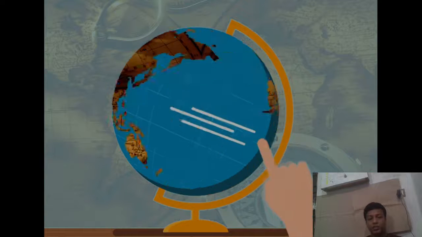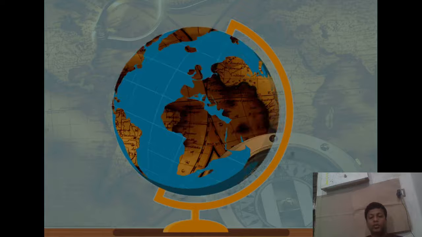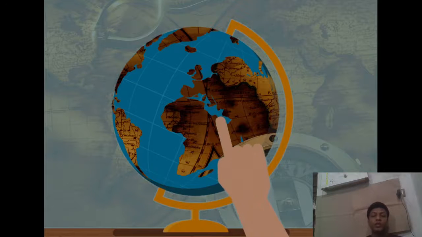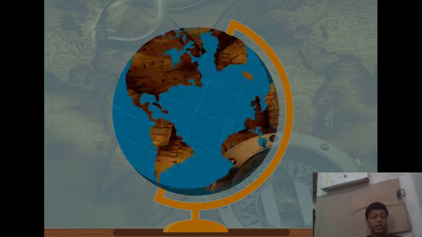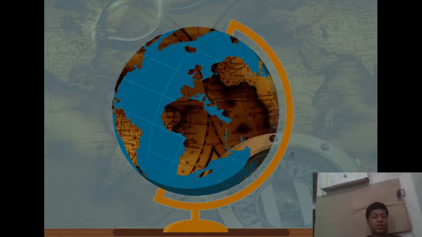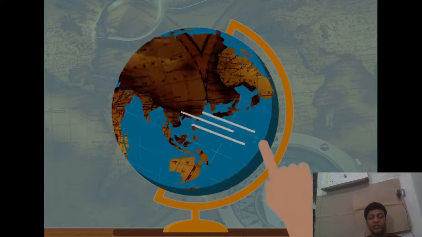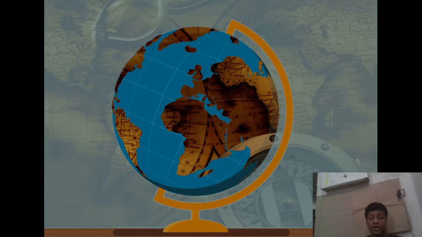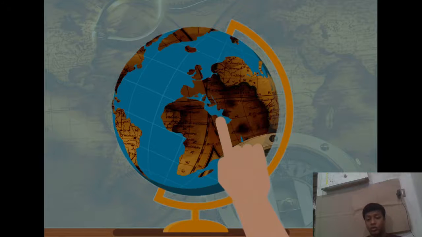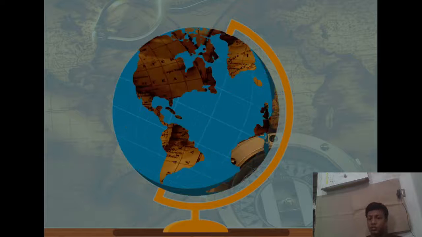When you play with your globe, you can easily understand that the lines joining the north and south poles and the east-west lines are circular lines.